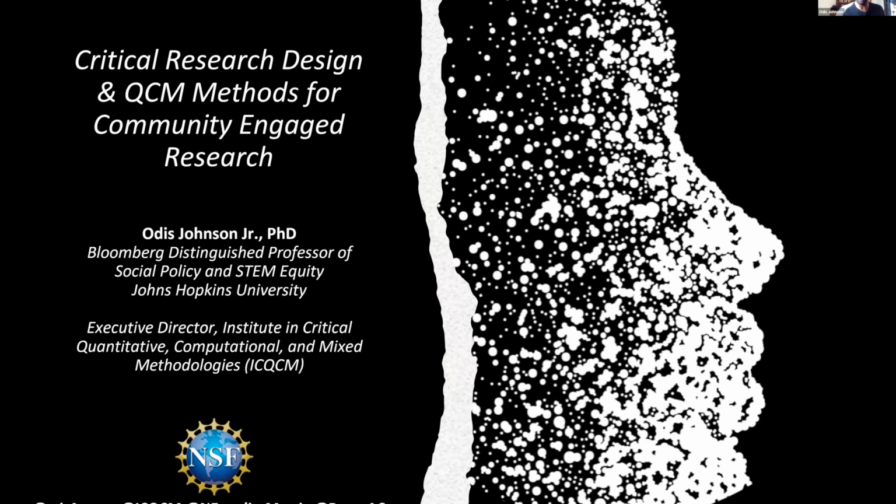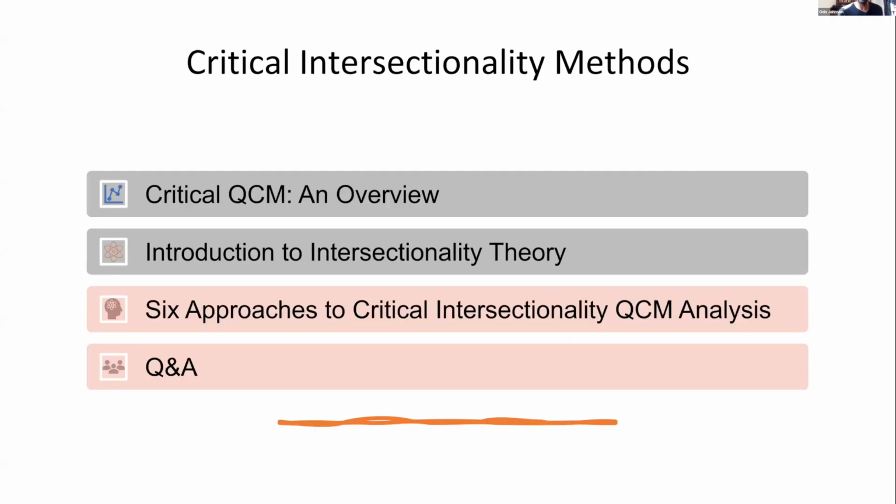With that, I am Executive Director of the Institute in Critical Quantitative Computational Mixed Methods, which is one of the NSF, National Science Foundation, BICSR Institutes of Data Science, and I co-direct that with Dr. Ebony McGee, who's also here at Johns Hopkins.